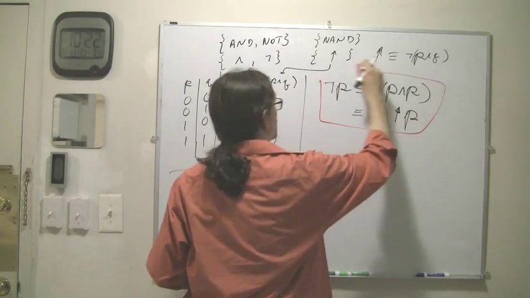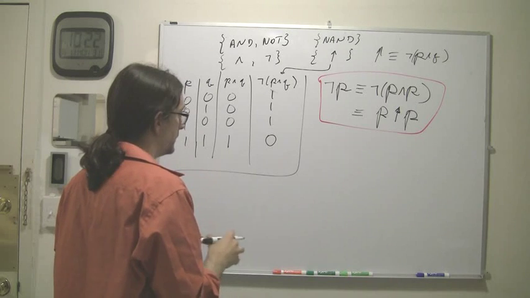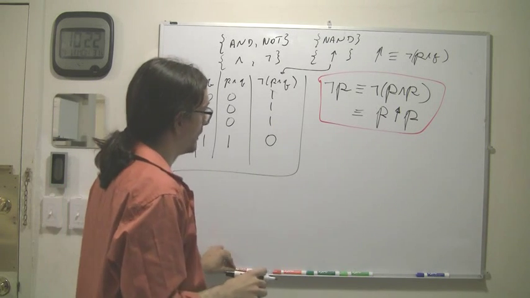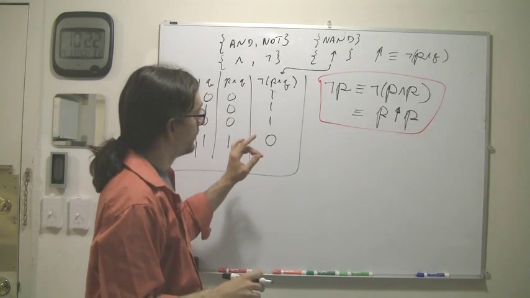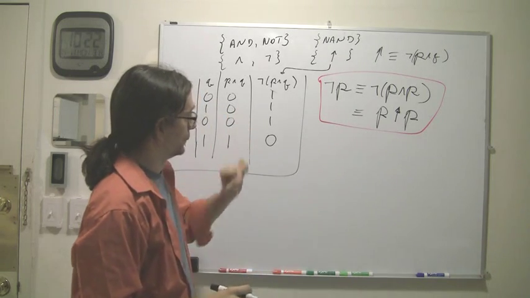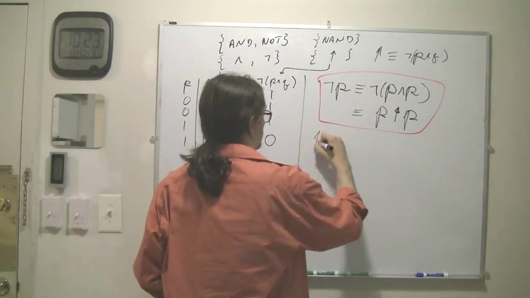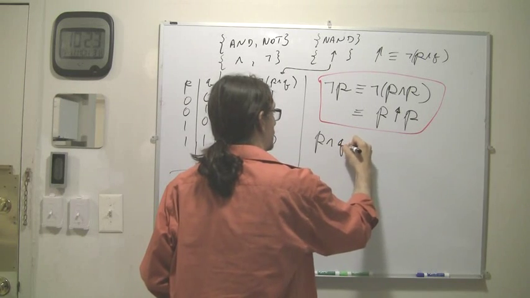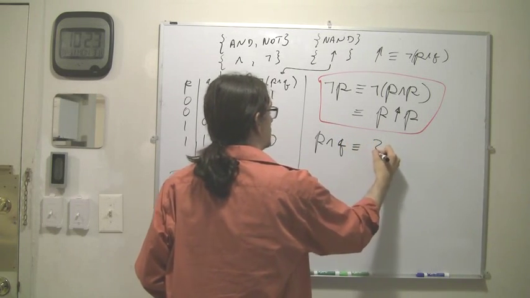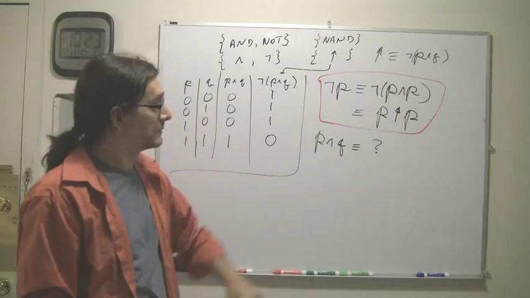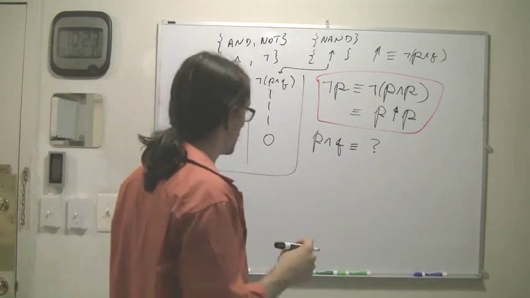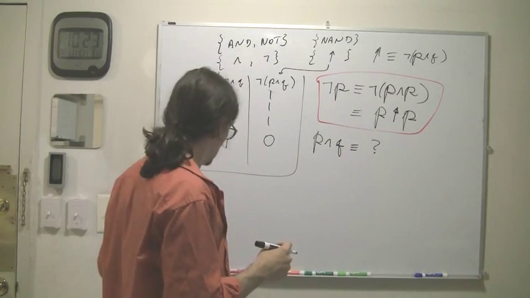So to finish, all we need now is to figure out how to write P and Q using only NANDs. And again, it's not very difficult.